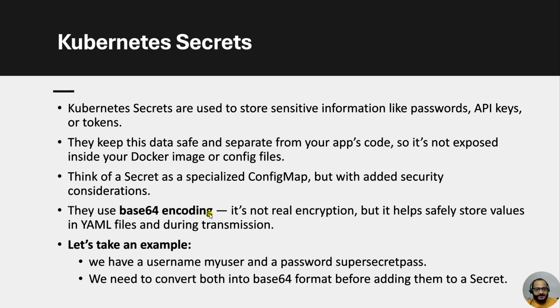Base64 encoding is not real encryption, but it helps your credentials be stored safely when we do a transmission during the YAML file. Your credentials will be safe, and will not be visible as they are. So this is a very important thing. When you are going to use Kubernetes Secrets, you have to convert your secrets or your credentials into base64 encoding.